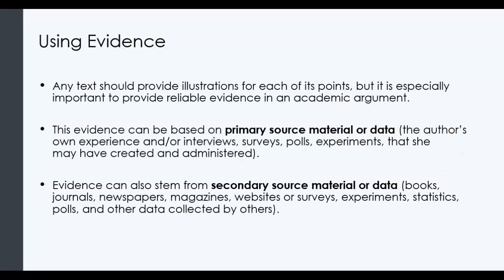Using evidence. Any text should provide illustrations for each of its points, but it is especially important to provide reliable evidence in an academic argument. This evidence can be based on primary source material or data, the author's own experience and/or interviews, surveys, polls, experiments that she may have created and administered.